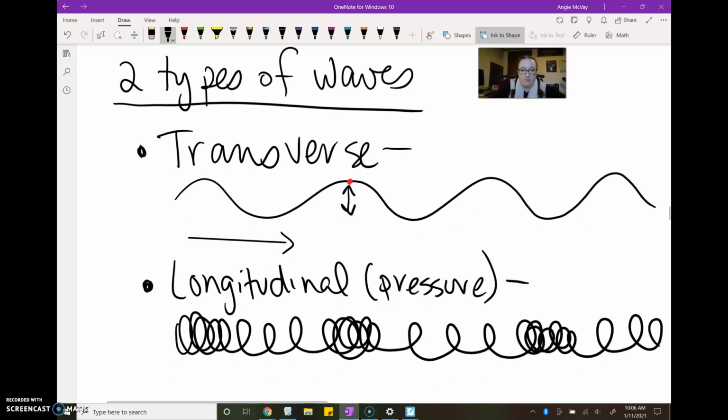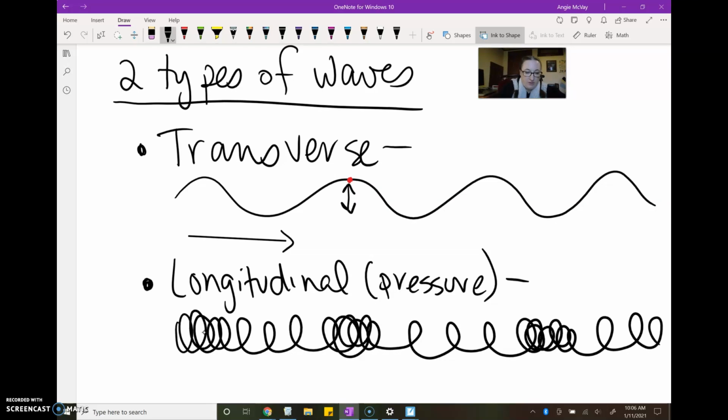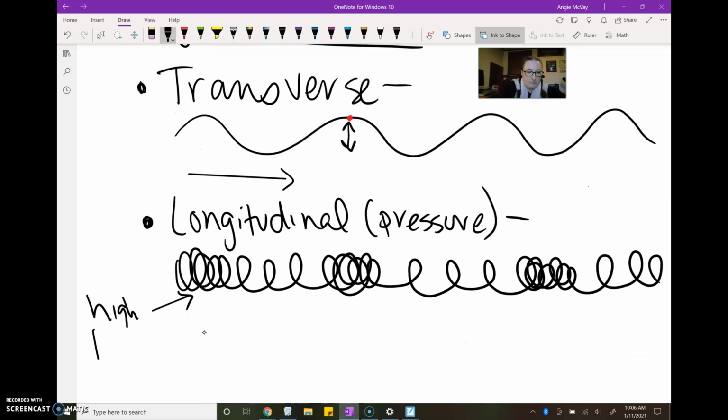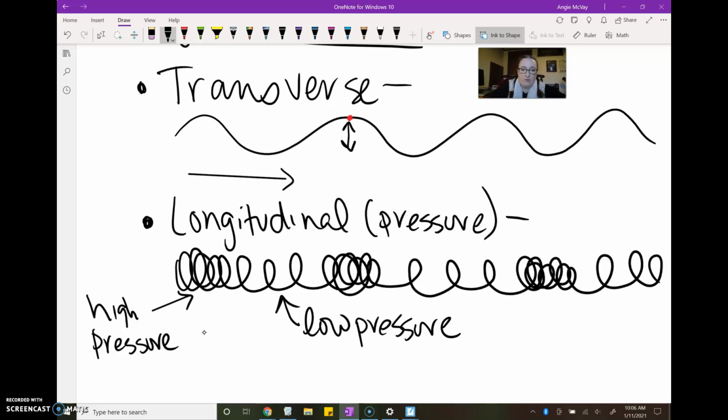If we take a look at this, we've got regions of high pressure and then regions of low pressure. So this is called a longitudinal wave, known as a pressure wave or a pulse wave.